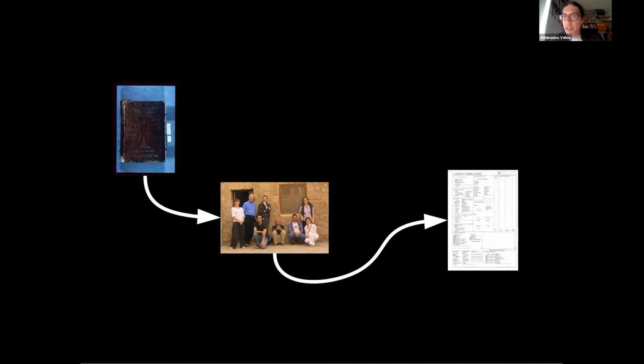This is the book. This is the actual book in Sinai. So this is what exists in reality. A group of experts observes this reality and produces some observations that can be recorded in a form or a database, and then we use that database to query it.